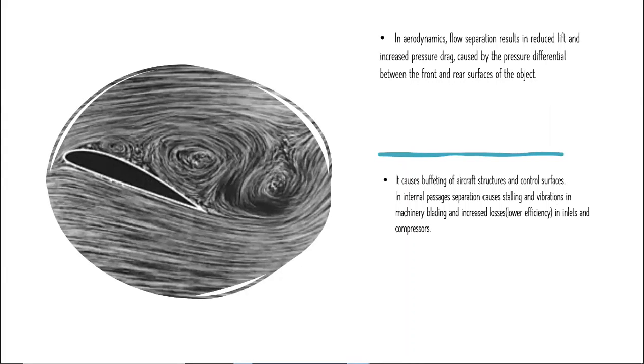If we increase the angle of attack, of course, the boundary layer separation goes on and causes a problem for us. Due to the sudden, huge reduction in lift, we can say that it has stalled. And vibrations in machinery will be more due to this boundary layer separation.